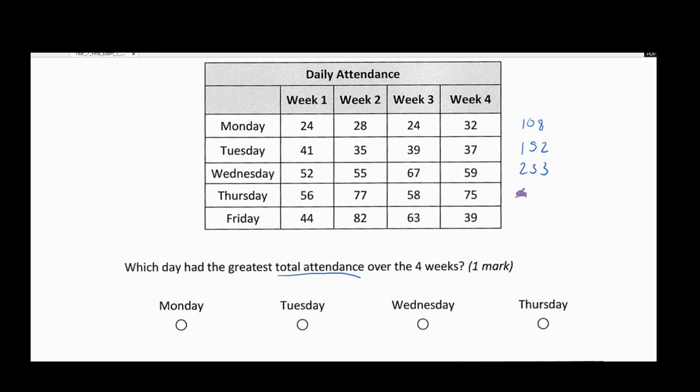Then we have 56 plus 77 plus 58 plus 75, 266. We've got 44 plus 82 plus 63 plus 39, 228. So it is Thursday, the greatest total attendance. It's Thursday.